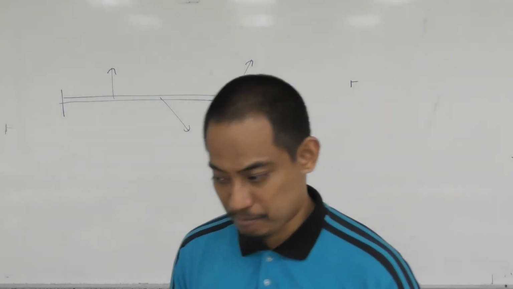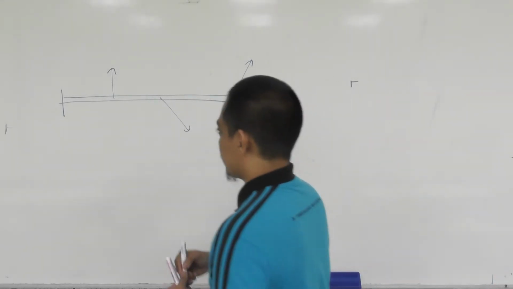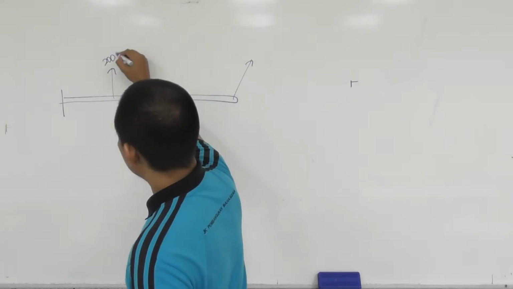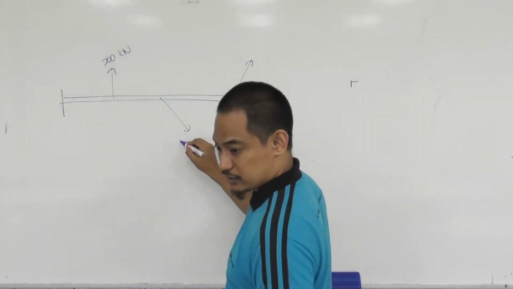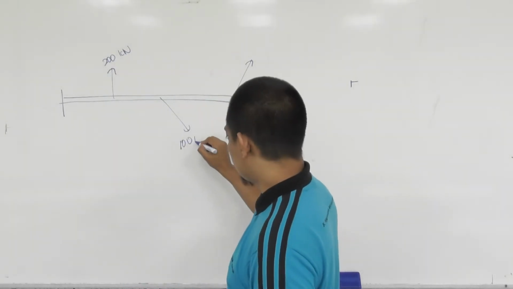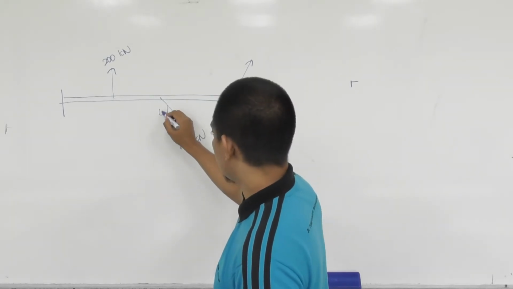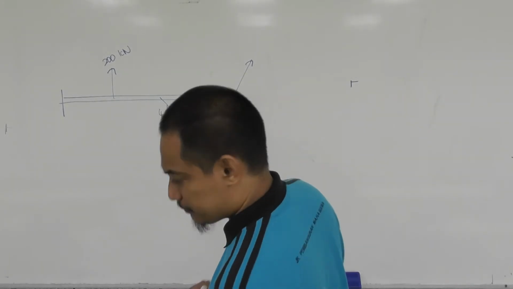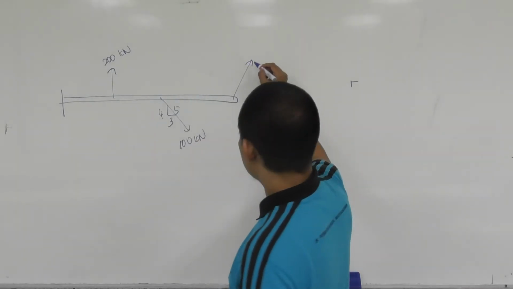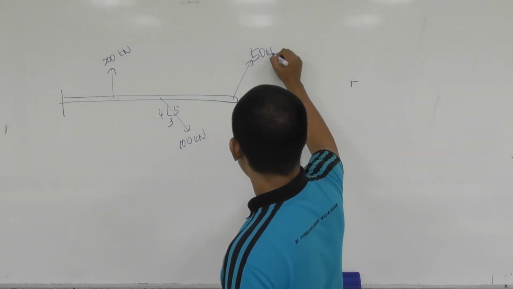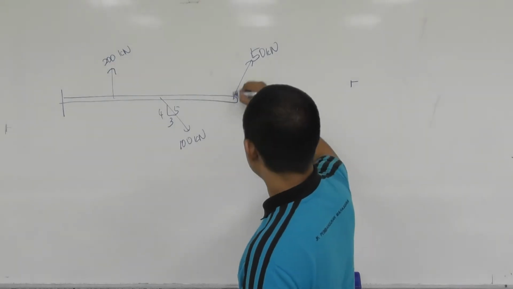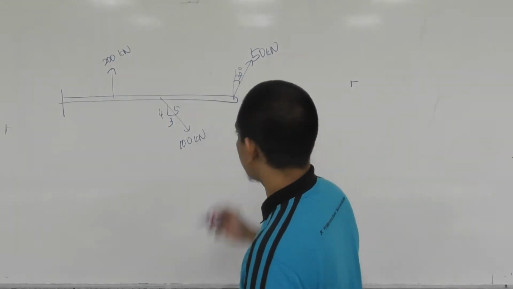So okay, let's put the value. This is 200 kilonewton, this is 100 kilonewton with the angle of 3, 4, 5, like that, I believe. This is 50 kilonewton with the angle of 30 degrees.